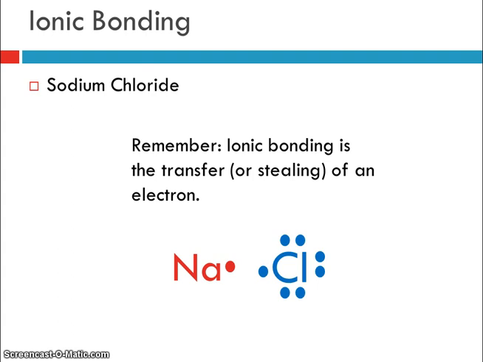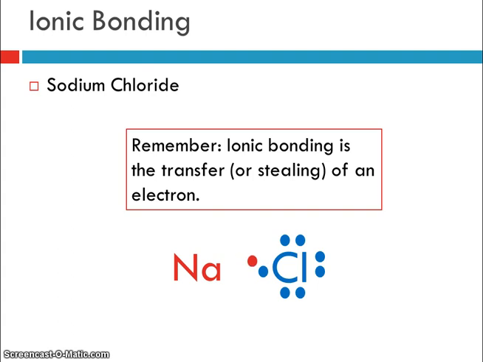So what will happen is the chlorine will come and steal the sodium's electron. Think about it as the chlorine is going to protect the sodium. The chlorine will go to the sodium and say, hey, I'll protect you, but I'll have to steal your electron, changing the charge.